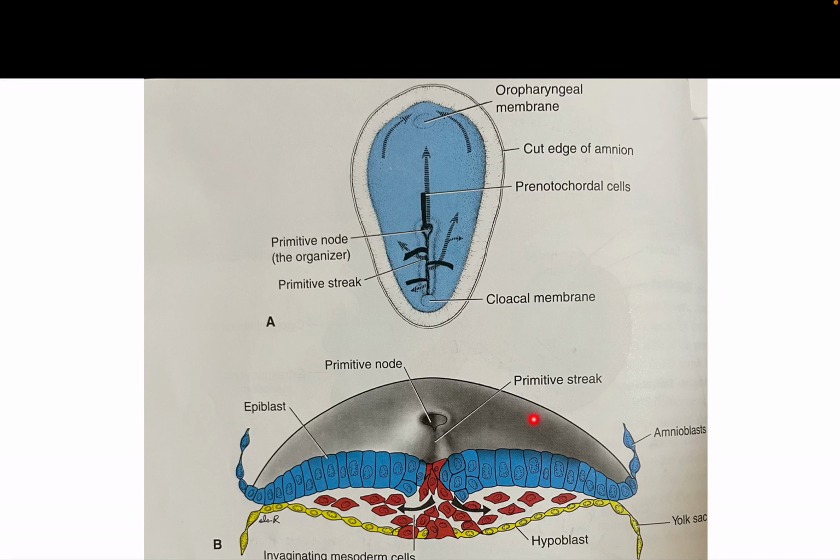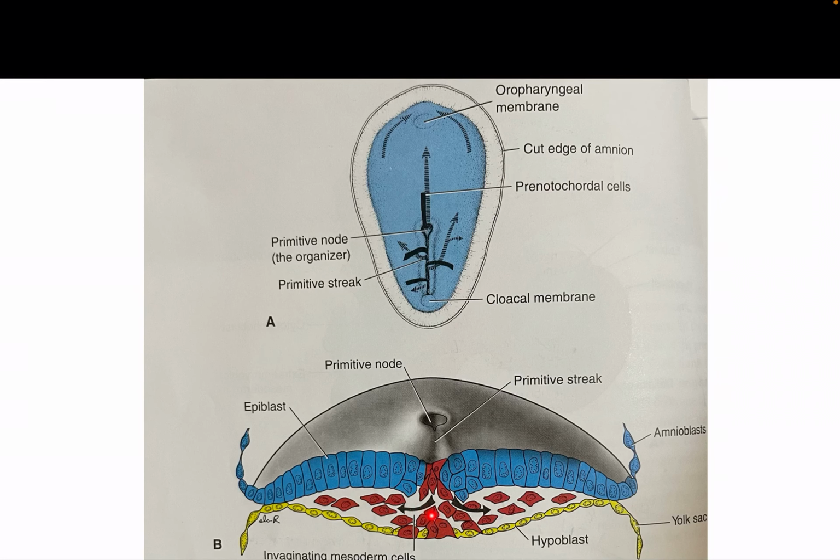Now the cells of the epiblast from the margin proliferate, dip in the groove, then pass down and spread out on each side, these red cells, and displace this endoderm which was previously in contact with the epiblast, as shown in the previous diagram. Now both are separated and occupied by these red cells.